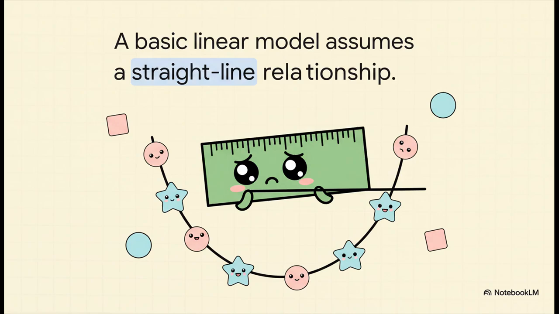You see, the problem is this. A basic linear regression model just assumes that the relationship between your inputs and your output is, well, linear. It's stuck with this straight line limit. So if the real pattern in your data is a curve, maybe a parabola, or something even wilder, a simple straight line is just never going to capture it properly. It's just a fundamental mismatch from the get-go.